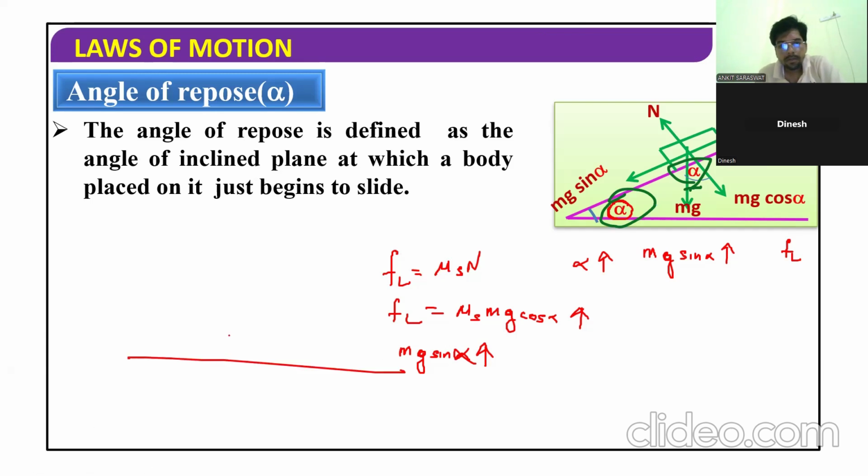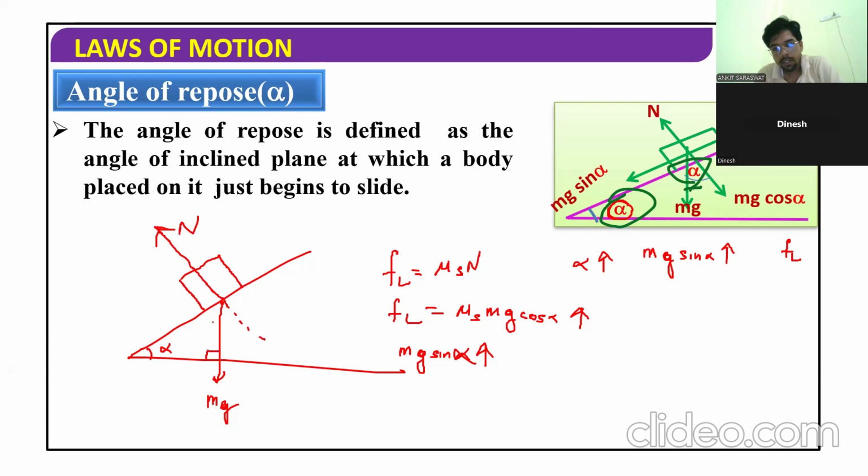See, they have shown it like this. I will show you. mg is like this. This is alpha. This is normal. This is 90, this is 90.